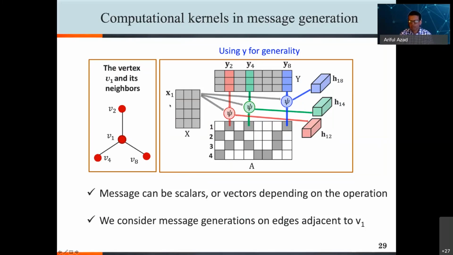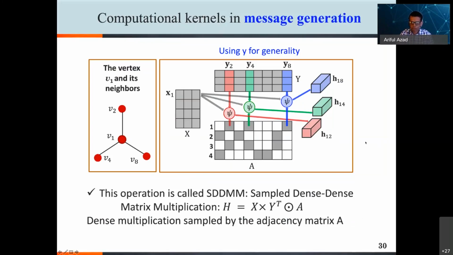For the second vertex, x2, we do the same, following those non-zero patterns, and get our output. This operation is called, in linear algebra terms, sampled dense matrix multiplication.